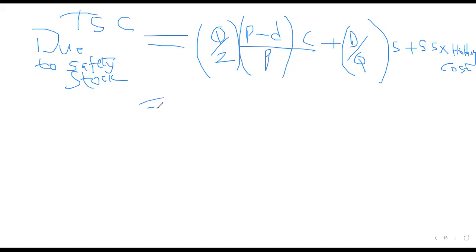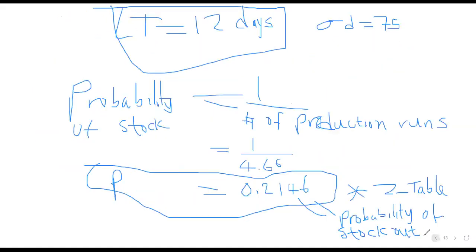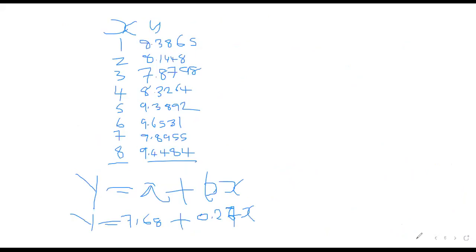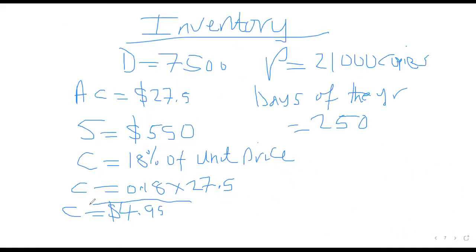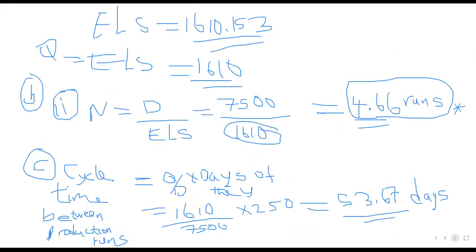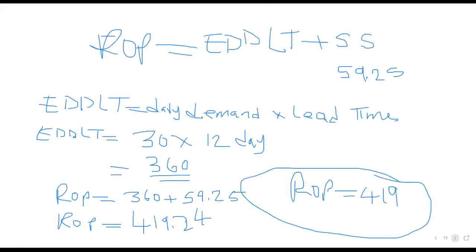So here we know that for our total stocking cost, our Q is 1610 over 2. Then P is 84, minus 30, over P is 84. Our carrying cost was 4.95, from where we started. We can substitute there and get whatever we need.